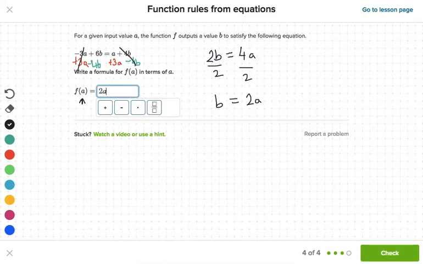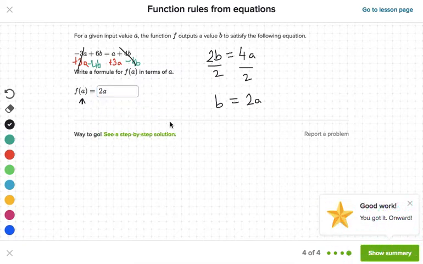So I think that should be enough to go by. All you need to remember in every situation is to solve for the other variable. Remember that when you're given this function notation, it gives you the output. So in this case, for example, f of a is b. They're the same thing, right?